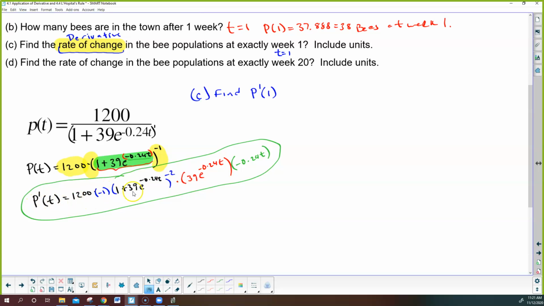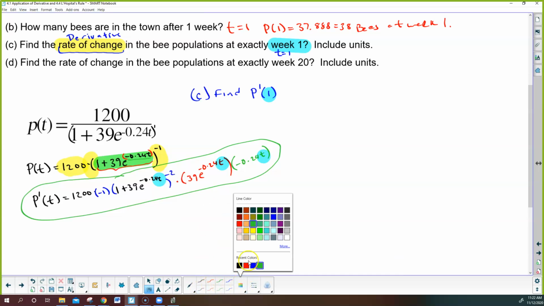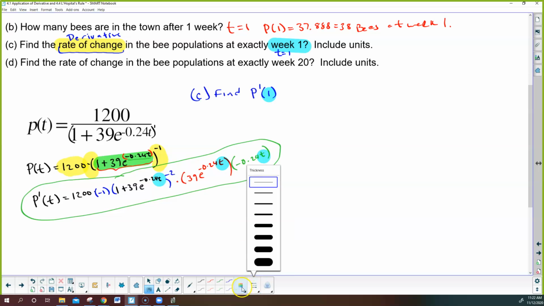Well, now I could simplify this, but to be honest, why? I'm just going to figure out what is the rate of change exactly at week 1. Well, I'm going to come over here, and anywhere there's a t, I'm going to plug 1 in, and then we're going to just use our calculator and get an answer. All right, so I'm going to do some simplifying here as I write it. This will be negative 1200.